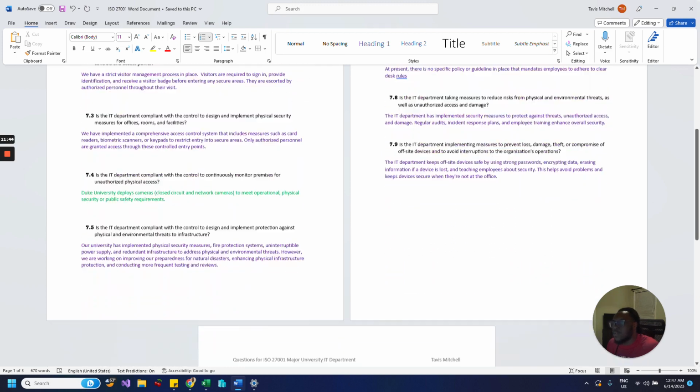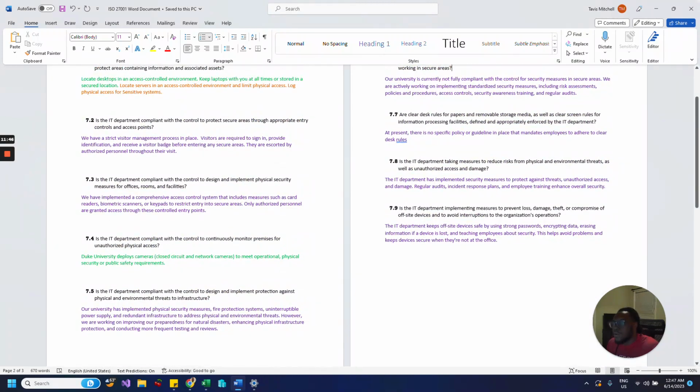7.7. Okay, we have two more after this, guys. Everyone, bear with me. A clear desk rule for papers and removable storage media, as well as a clear screen rule for information processing facilities, defined and appropriately enforced by the IT department. All right, so right here, 7.7.